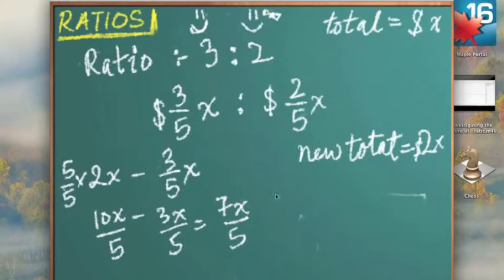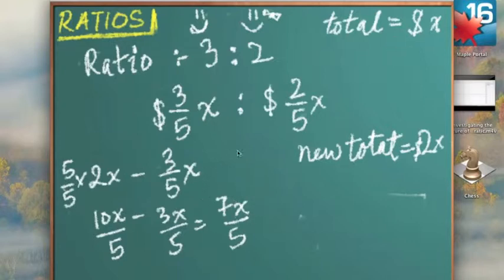In other words, if the man receives only 3 out of 5 parts from 2X, the lady is going to receive 7 out of 5 parts, or 1 whole and 2 out of 5 parts from the total.